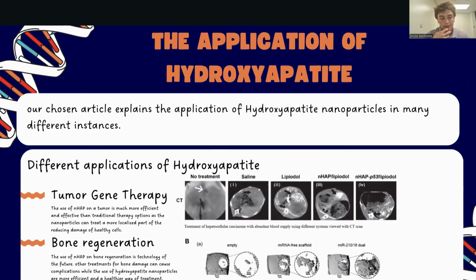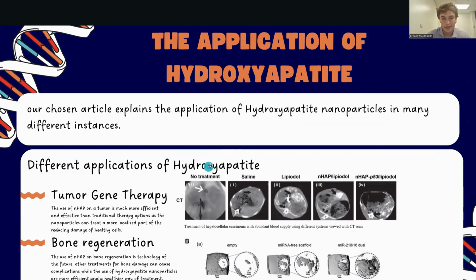But these can damage surrounding healthy cells, which we don't want because it can make the patient sick, and they're also very expensive. So the high risk and high cost is just not a good option, and NHAP has enormous potential for a lot of different cancers.